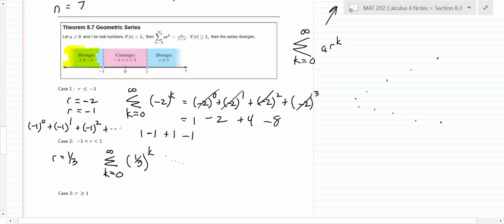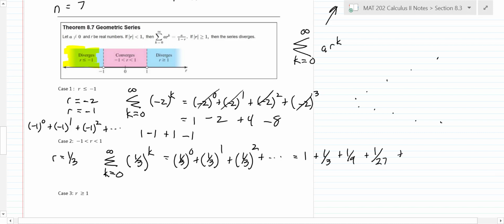We'd have (1/3) to the 0, (1/3) to the first, (1/3) to the second, and so forth. So you'd end up having 1 plus 1/3 plus 1/9, and if you kept going, 1/27, 1/81, and so forth.